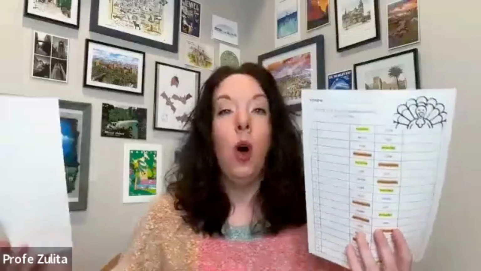So they're going to take their answer sheet, walk around the room looking at those turkeys, and mark down the number of responses that they see. So say they're doing number 1, every turkey they see, they're going to look at number 1 and mark whether it is yellow or brown. I tell them just to do tally marks.